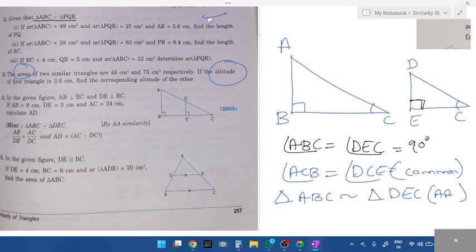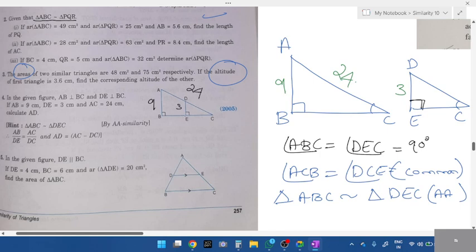Okay, now let me write the values here. AB is equal to 9. DE is equal to 3 centimeters. AC is equal to 24. We need to calculate the value of AD. If you write it separately, you won't understand. I'll write it here. 9. Total AC is 24.